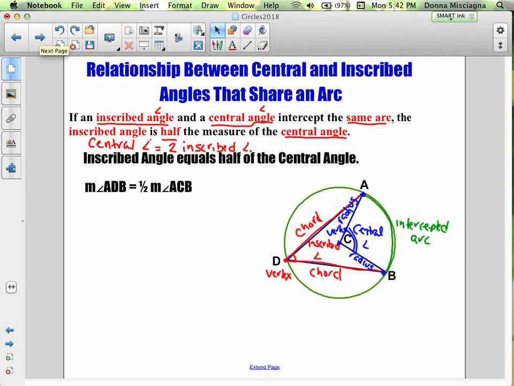So here, since we have an inscribed angle and a central angle that intercept the same arc, we know that the inscribed angle, which is angle ADB, is equal to half the measure of angle ACB, the central angle.